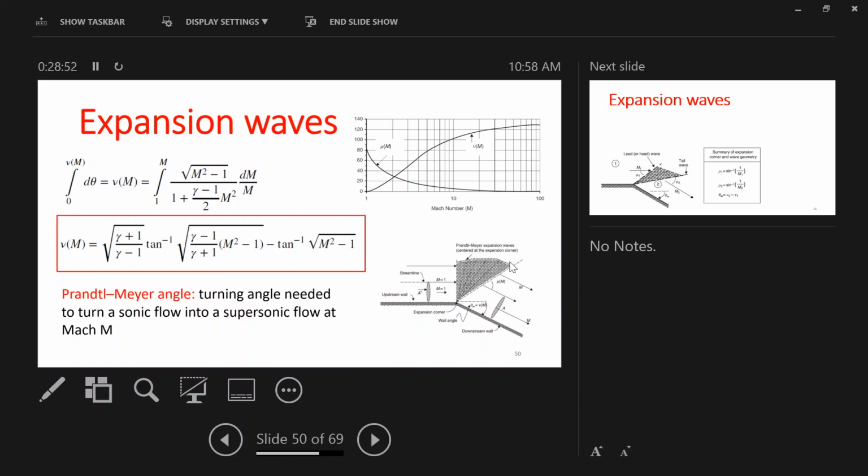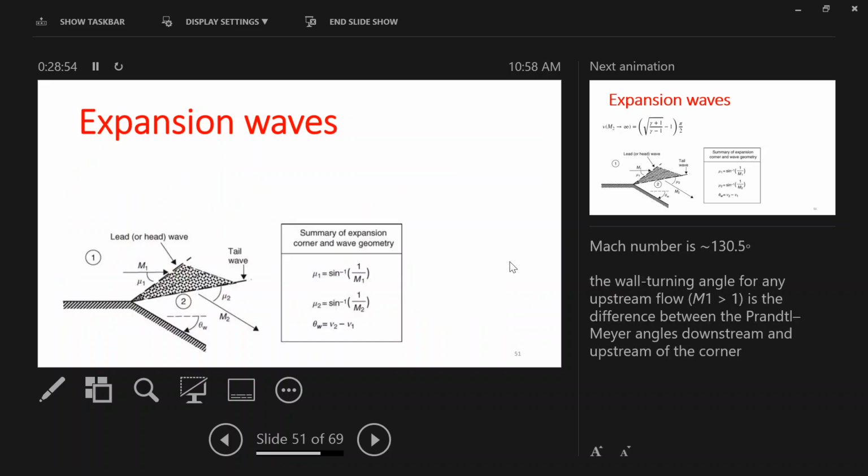But the general case, especially if you are dealing with oblique shock waves, is that you may actually approach this wall at an M1, which itself is supersonic, right? So you have to calculate a nu 1 for that using the equation, and then you have a nu 2 for the downstream condition, right? So your theta is going to be nu 2 minus nu 1.